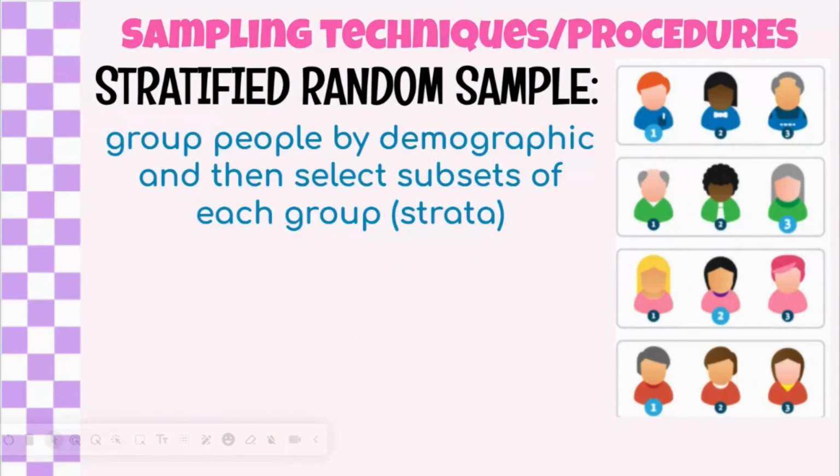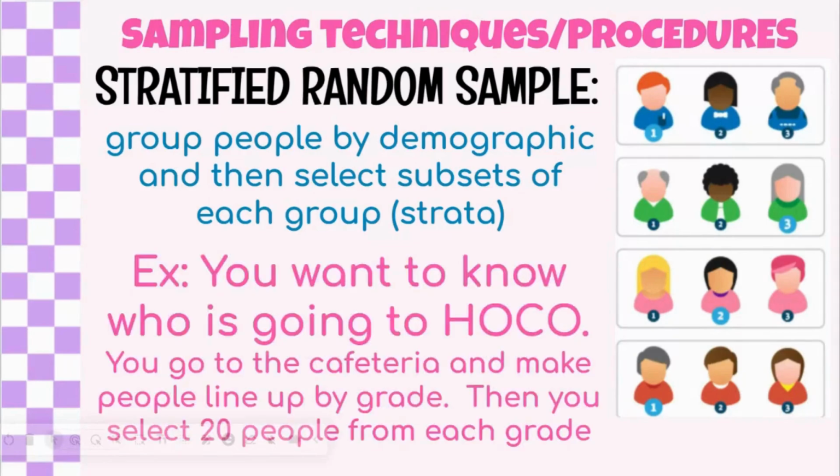So you're going to group people first by demographic, and then you're going to select subsets of each group, also known as the strata. So same example from last time, you want to know who's going to homecoming, but this time you go to the cafeteria and you line up people by grade. So the demographic is what grade they are in. Then you don't select everybody from the line, you select a certain number of people from each grade. So then you would select 20 people from each grade and then you would have your sample.